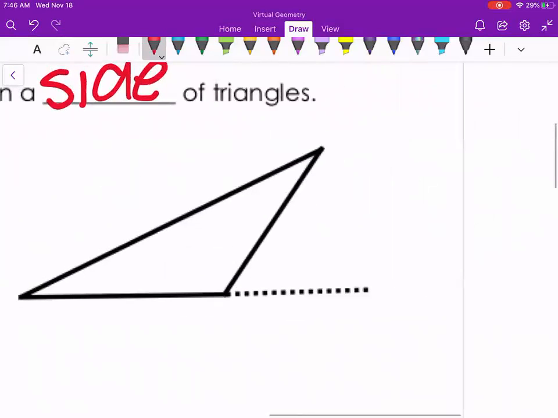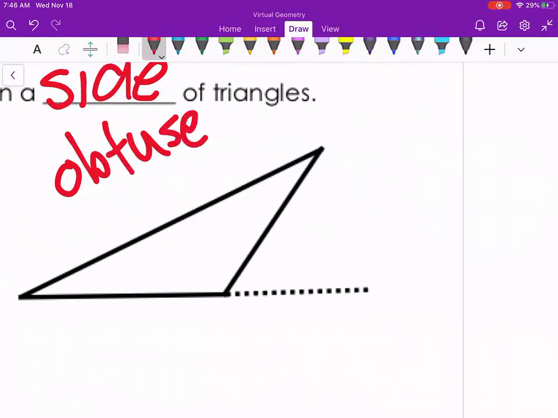Now, obtuse triangles are a little different. So if I was to draw my altitude from this bottom right vertex, yes, it's going to be inside the triangle. But when I go to the other two vertices, that's where we have something a little bit different.